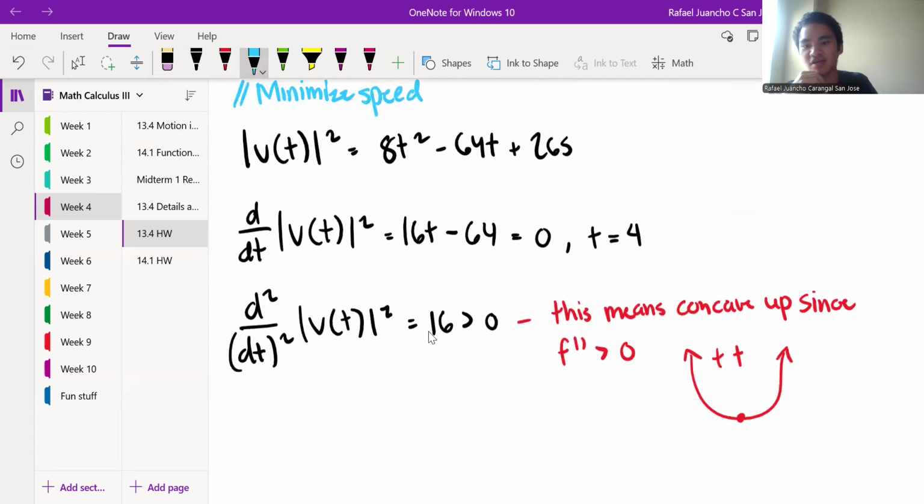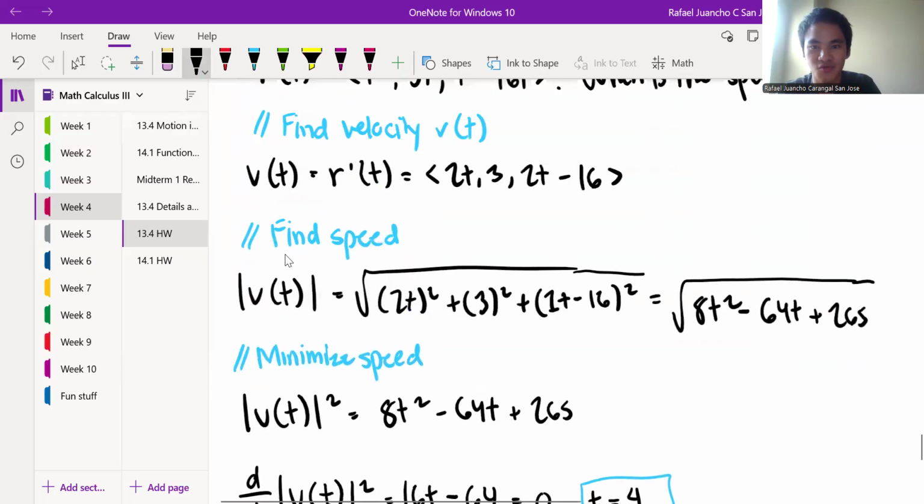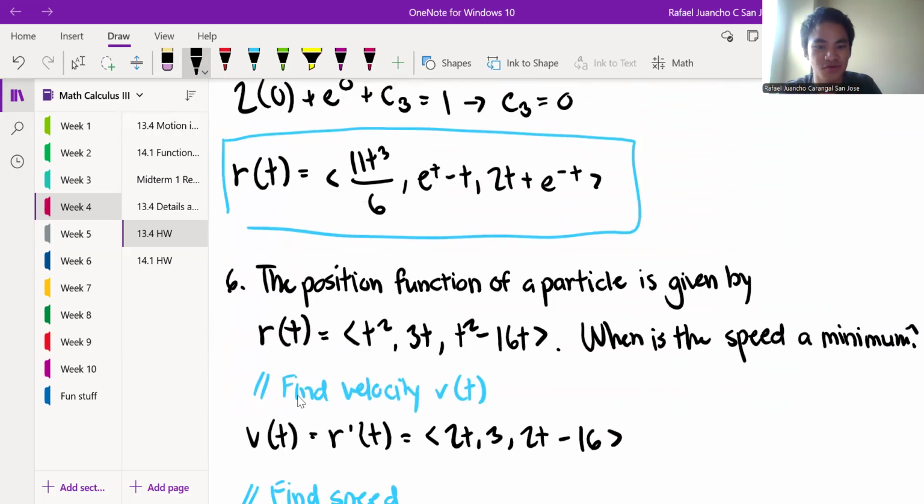This was just a proof saying, okay, we know it's a minimum. Even though we found the point where the derivative is 0, we still have to prove that it is indeed a minimum, because this could be a maximum. So when t is equal to 4, and that should be it. Okay, that's it for now.